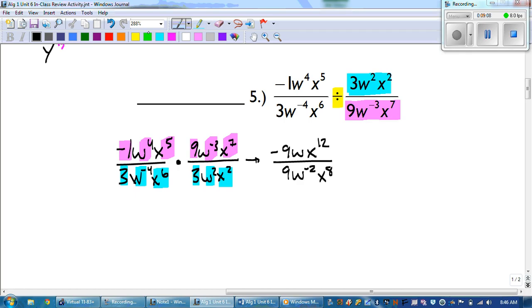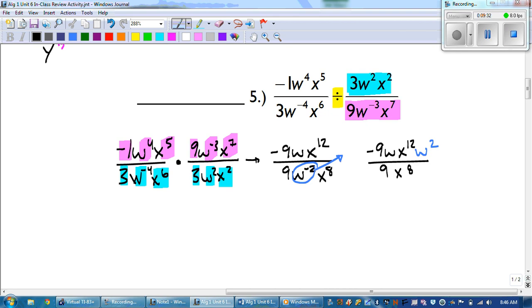Now, I notice that I have a negative exponent. It's on the bottom, so that means I need to bring it to the top. So -9 w x to the 12th, and then I just brought up that w squared, and now on the bottom I still have the 9x to the 8th.